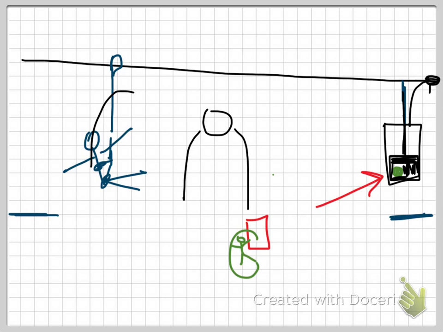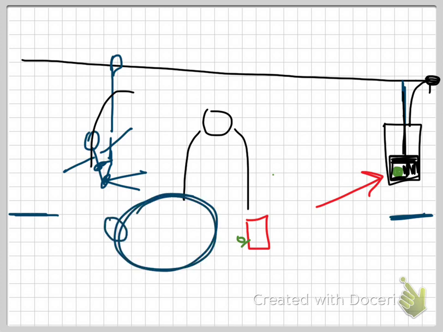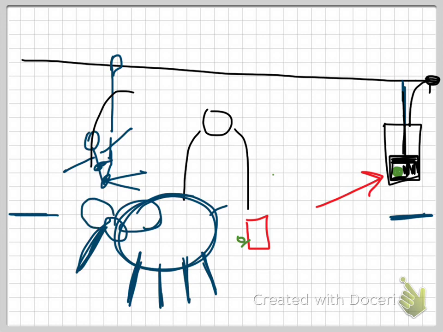What if we put some sort of elephantine creature on that? Pulley's going to go flying up. So at the point of equilibrium, forces are balanced, things are not going to be accelerating.